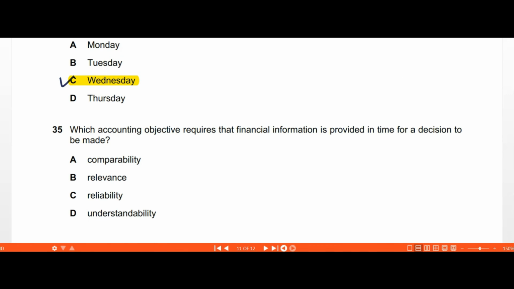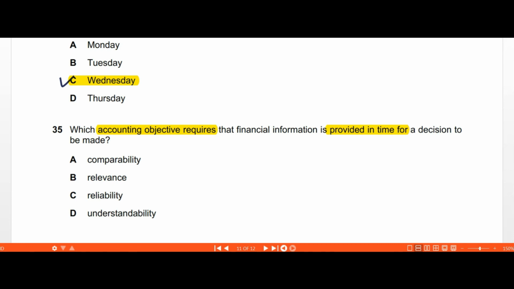Number 35, which accounting objective requires that financial information is provided in time for a decision to be made? Comparability, no. Comparability is comparing different financial statements or information.